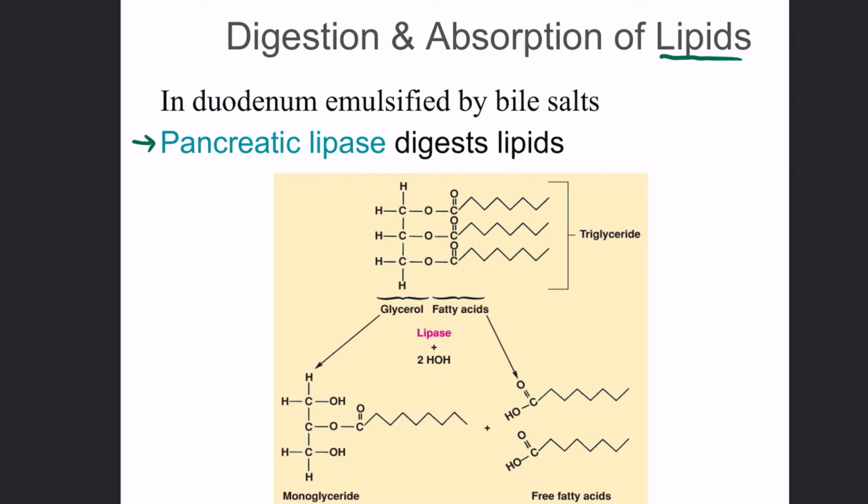One enzyme, and this is where it begins in the duodenum, is the pancreatic lipase. One of those digestive enzymes from the pancreas is lipase to break these triglycerides into free fatty acids and glycerol.